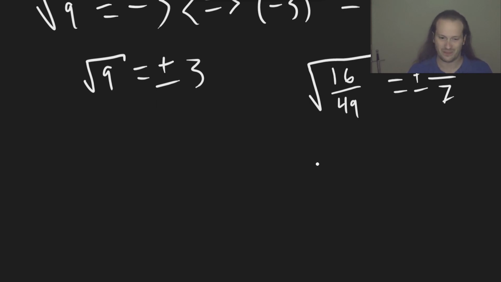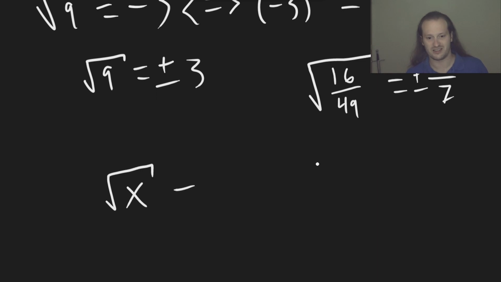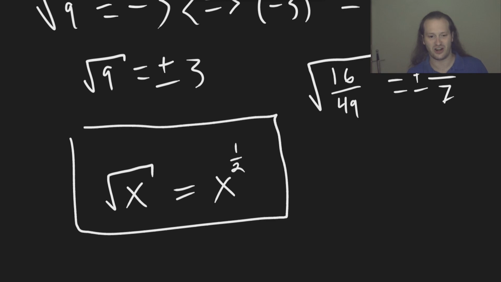But you can take my word for it that the square root of x is the exact same thing as a fractional exponent. Get this into your head. Roots and exponents are the same thing.